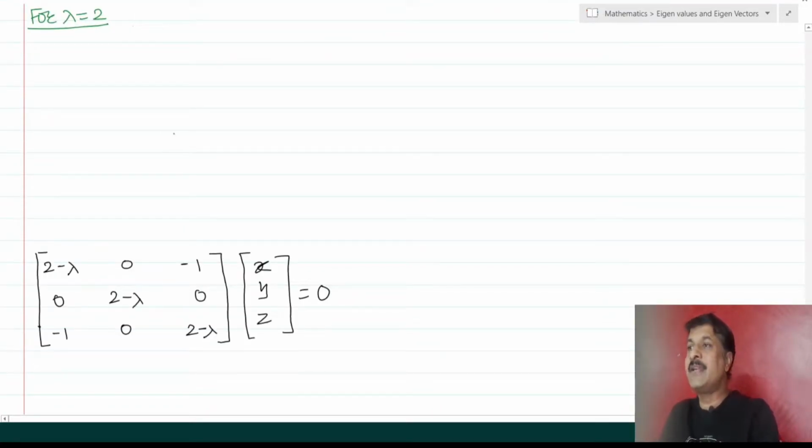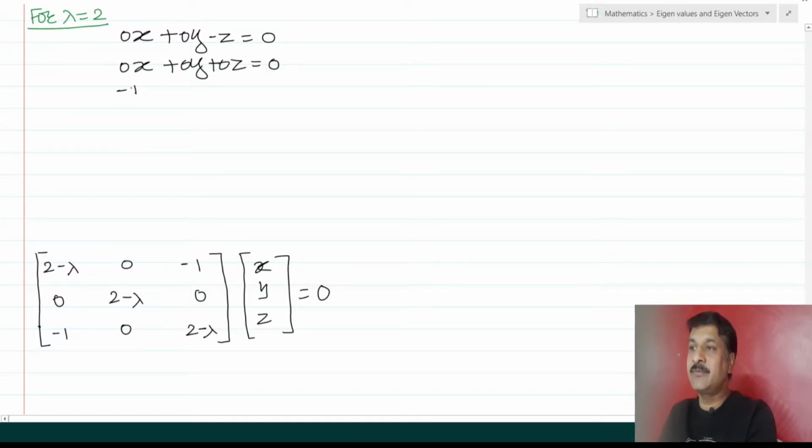So now I am getting, when lambda equal to 2, 0x plus 0y minus z equal to 0, 0x plus 0y plus 0z equal to 0, and minus 1x plus 0y plus 0z equal to 0.